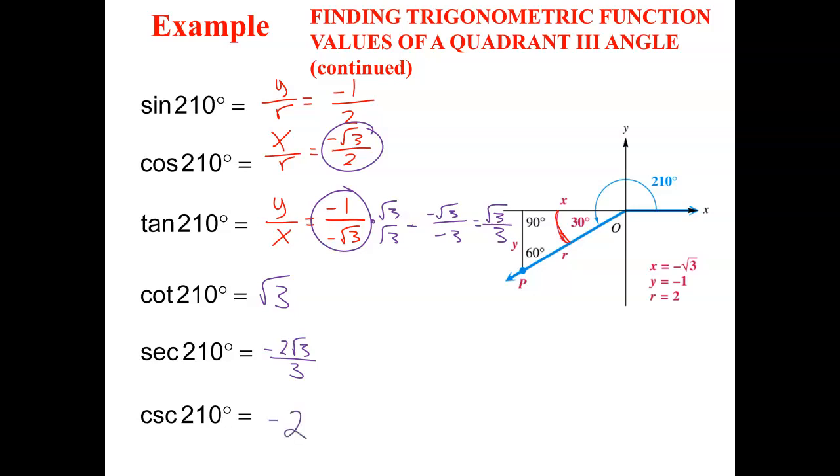Reciprocal of -1/2 is -2. So there's our 6 trig functions again. A lot of repetition. We're going to see those values over and over. We have to pay attention to the quadrant that we're in to determine whether or not the value is going to be positive or negative.